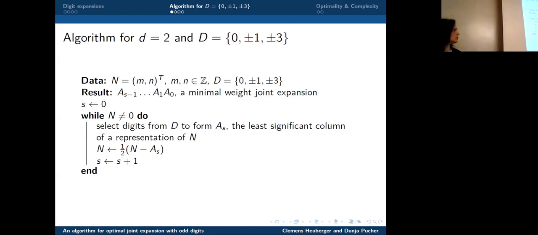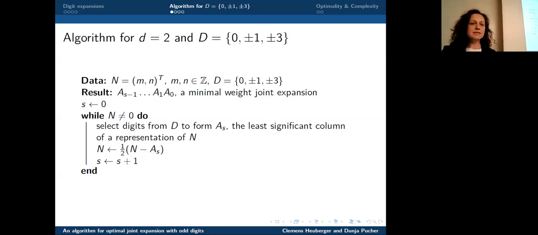And then we do what? We select digits from our digit set. After we select them, we compute the integer minus the digits, divided by 2 because we use radix 2. And we go to the next column. We increase our index and we do it until our input vector is just a 0 vector.